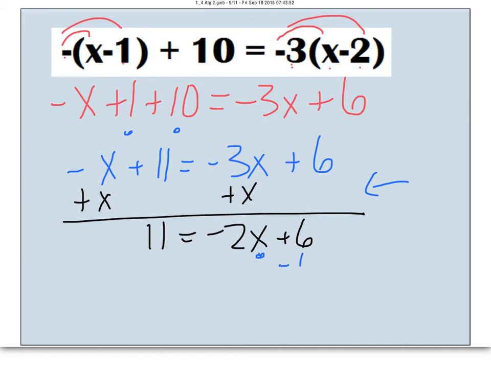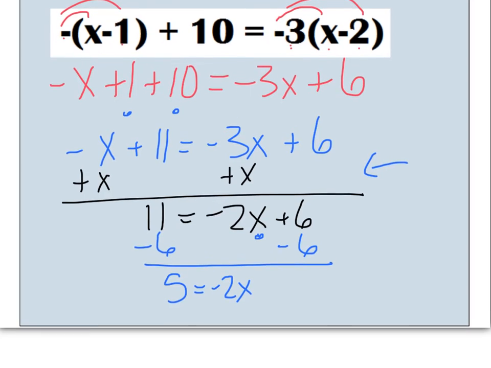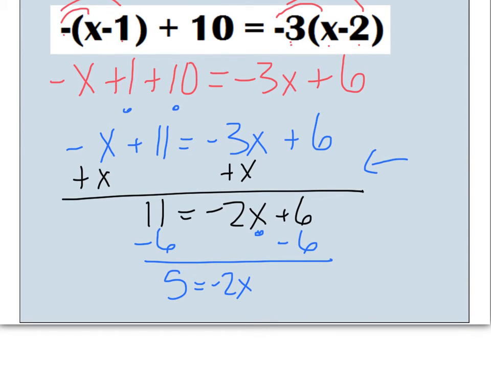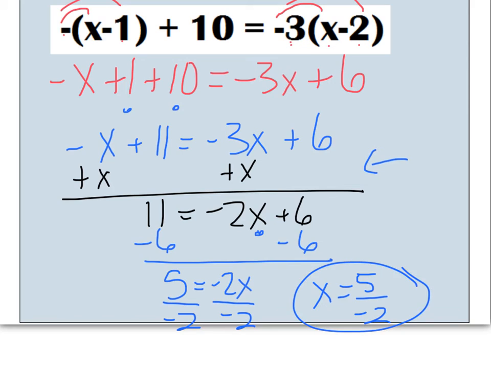Instead of adding 6, I'm going to subtract 6. Left with 5 equals negative 2x. To get rid of the negative 2, all I need to do is divide by negative 2 on both sides. And I'm left with x equals 5 over negative 2 as my final answer.